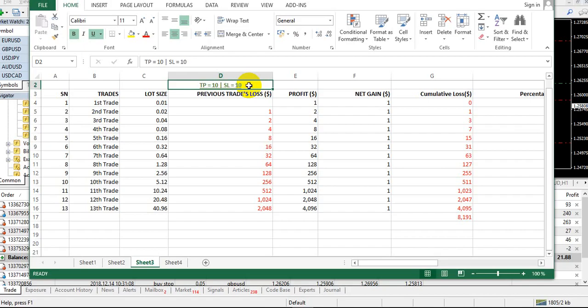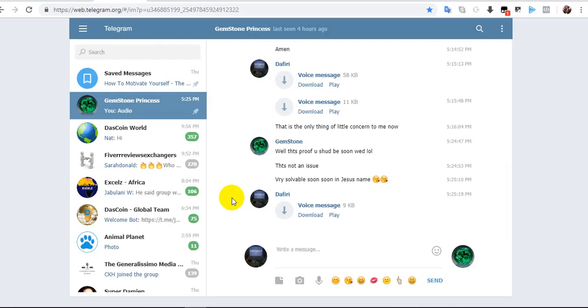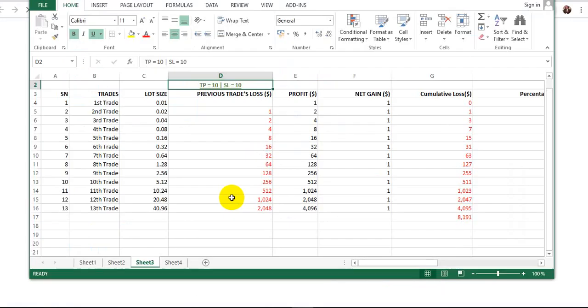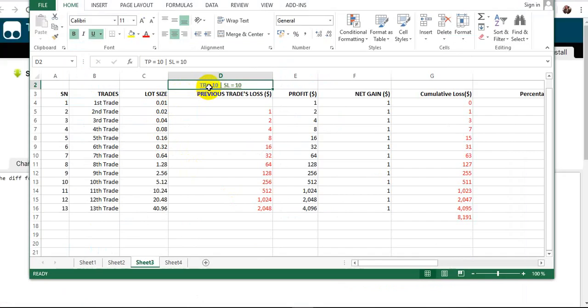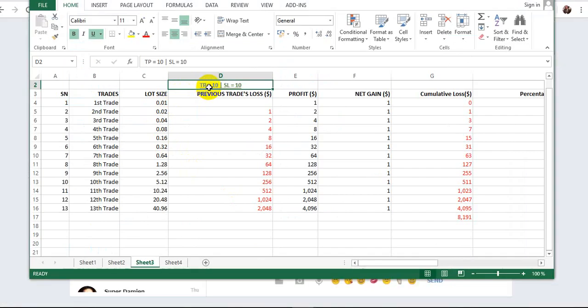So what you have here is 10 pips. The take profit is the same thing, but it's in the profit direction. So now you have profit targets of 10 pips and stop loss of 10 pips.